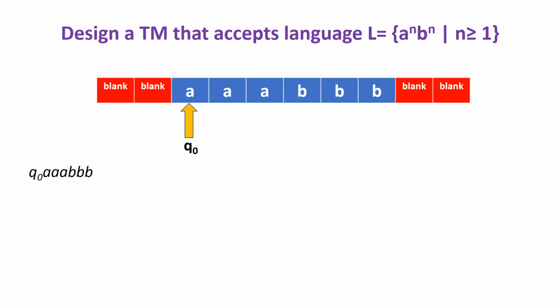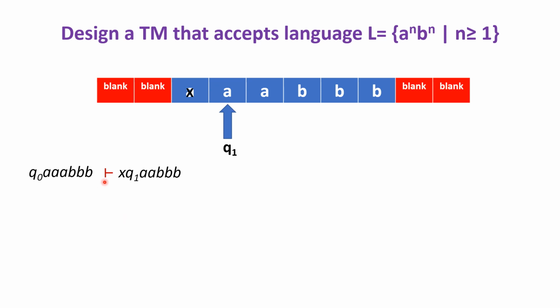So once we have designed the Turing machine for the given language, and written the delta transitions, transition diagram and transition table, next is to check whether the given string is accepted by this particular Turing machine or not. So we have taken the same string A, B, B, B pointed by the initial state Q0. The first step is replace A by X, change the state, and move towards the right.